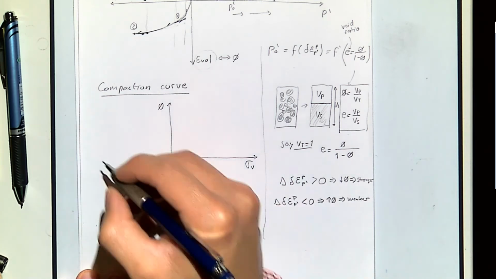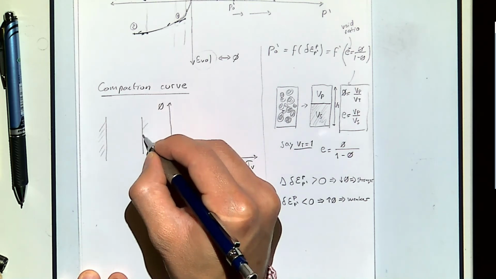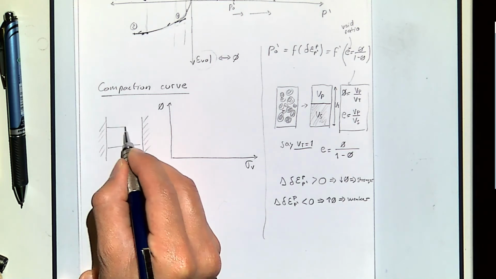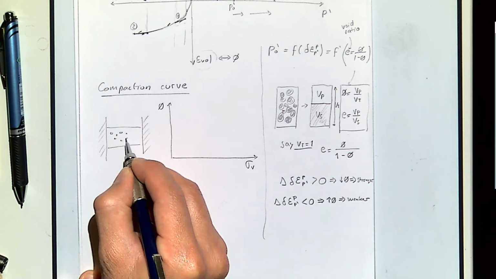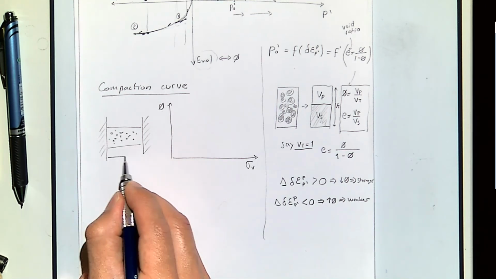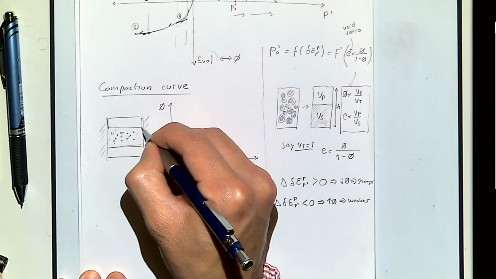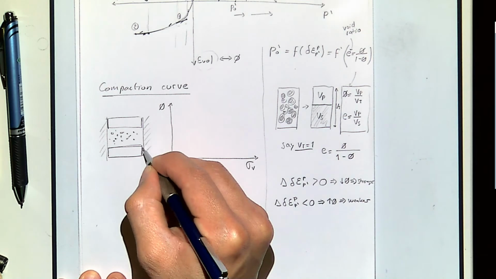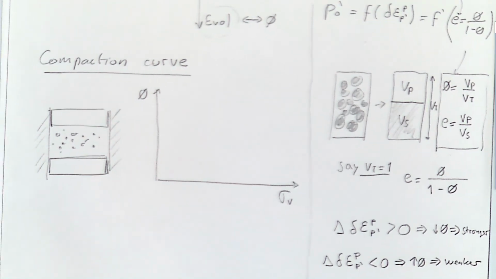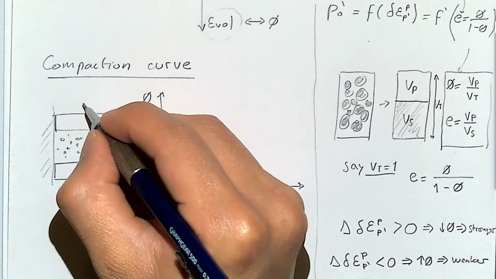And in the laboratory, we usually do this under this, by now, very popular 1D strain condition, in which we load sediments in between two sort of end caps or platens that move parallel to this axis, let's say the vertical axis.